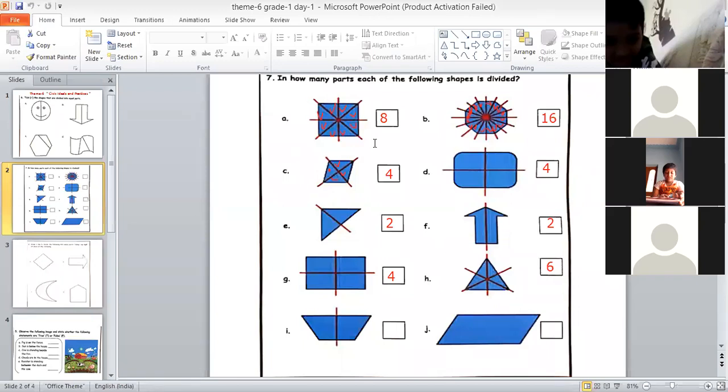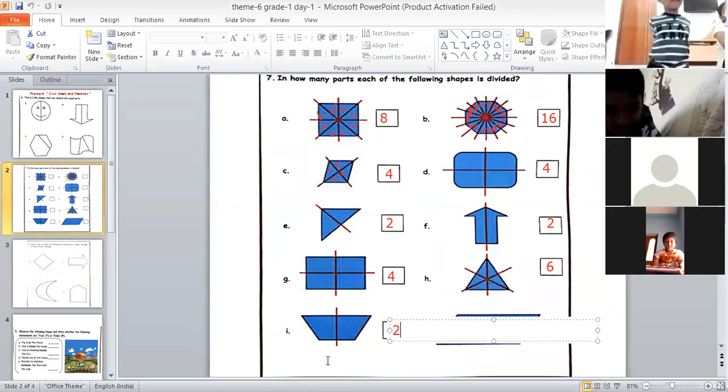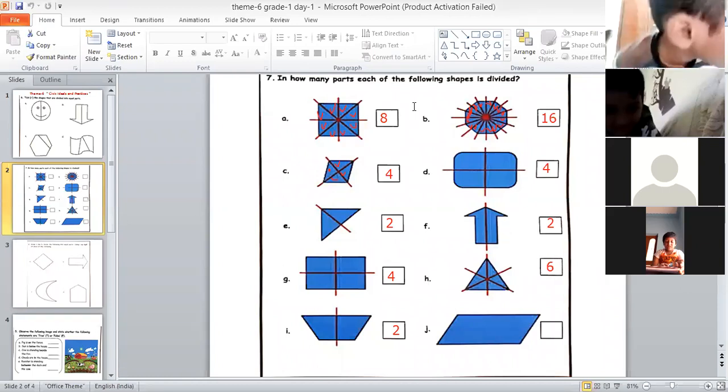Sudhamsh? Yes, ma'am. Yes, Sudhamsh. Next shape, bit I, second last. Into how many equal parts? 2. Very good. The next shape is divided into 2 equal parts. So we will be writing here 2. That's correct. Okay.